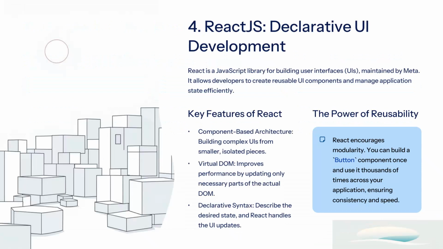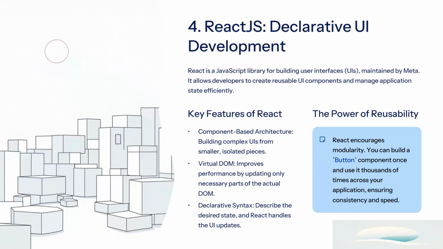Now let's go on React.js. React.js is a JavaScript library developed and maintained by Facebook. It's designed to build user interfaces, especially those that need to handle dynamic and changing data. Here we have the key features of React.